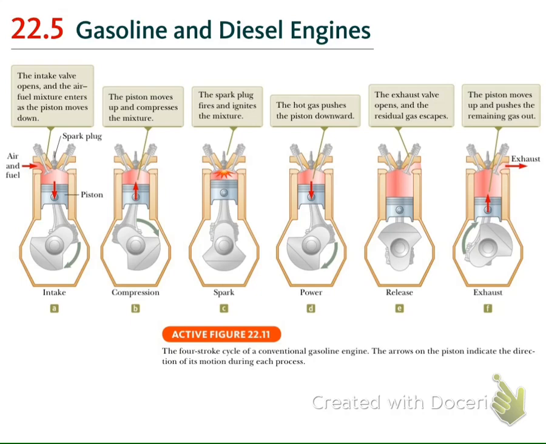change of the chemical energy in the fuel into the internal energy of the working substance inside the piston and make the expansion, and from the mechanism inside the engine we have the expansion and the compression.